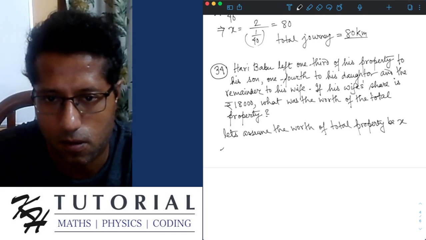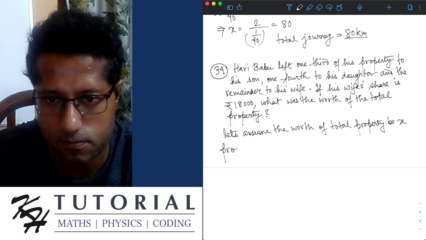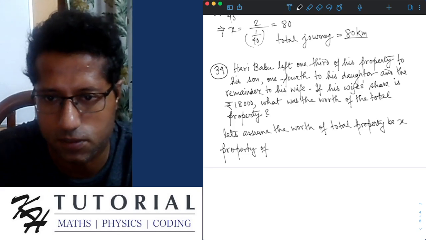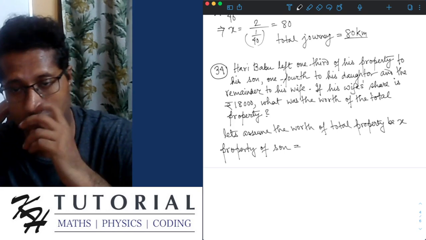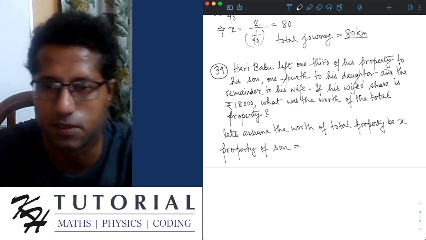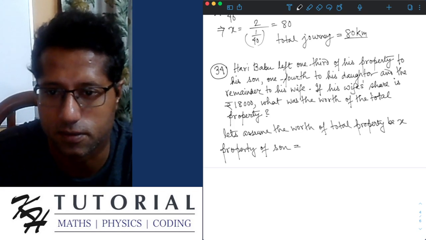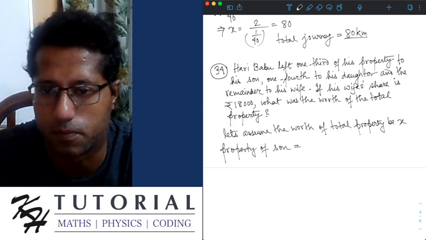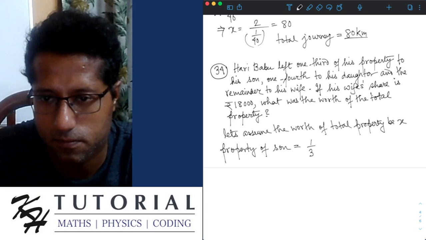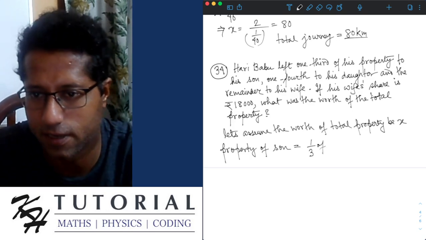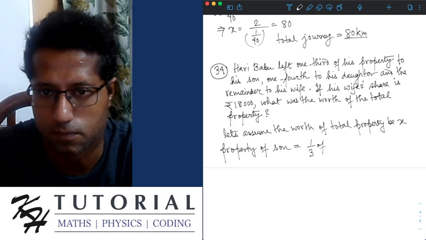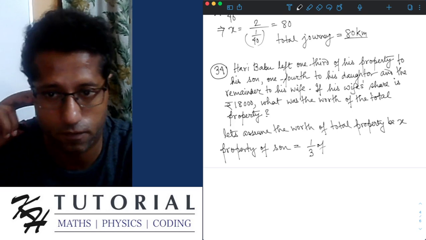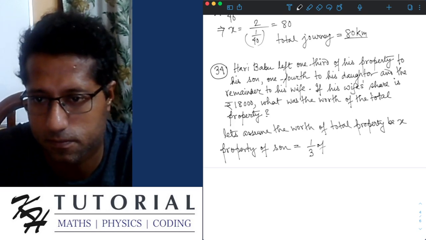So we can say property of son equals the share of the total property that son got, which is 1/3 of his property. The worth of the total property is x, so the share of the property of son is 1/3 of x.